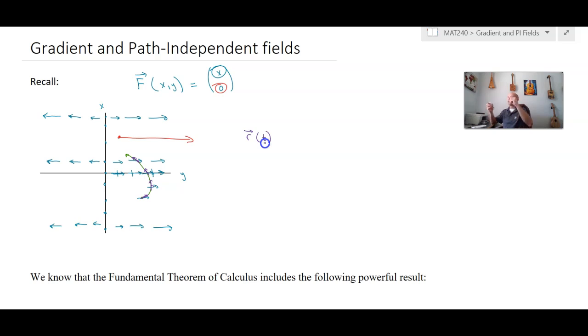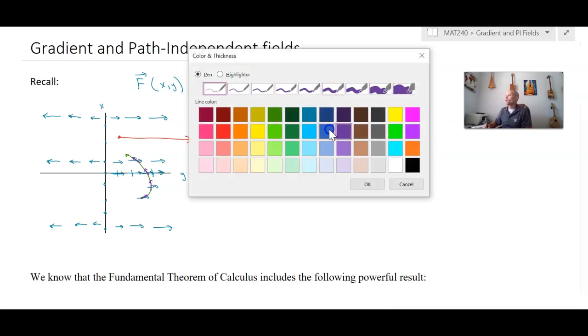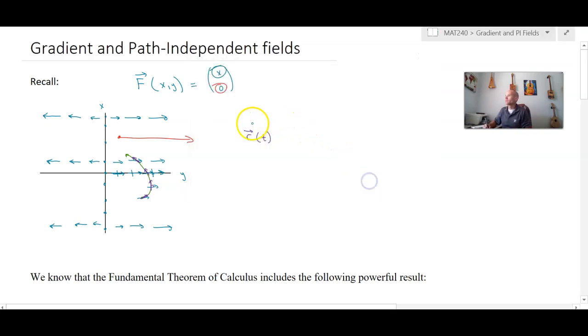That way, as t varies, x and y can change according to the functions that represent them. So I have some r of t function, and then I am going to dot that. That's going to be a dot product between the r of t vector and F at that position, F of r of t.